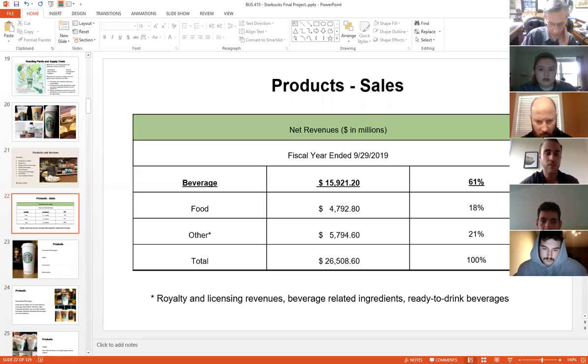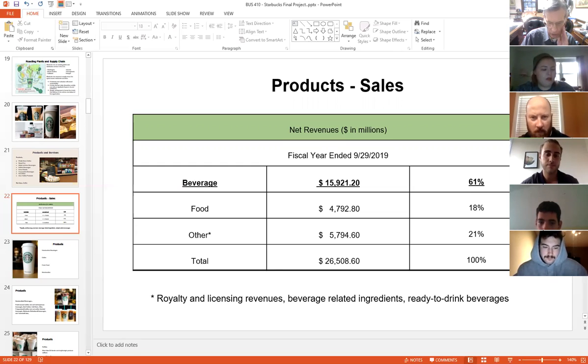Next. Sorry. Yeah, so here, last year, Starbucks had sales of 26 billion, and the intent of this chart is to show that just the beverage sales account for 61% of total net revenues for the company, and that food is just 18%, and other, which is royalty and licensing revenues, beverage-related ingredients, and ready-to-drink beverages, accounts for 21%.